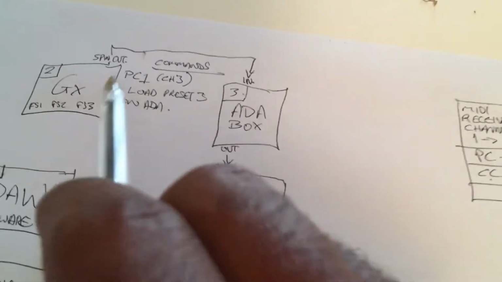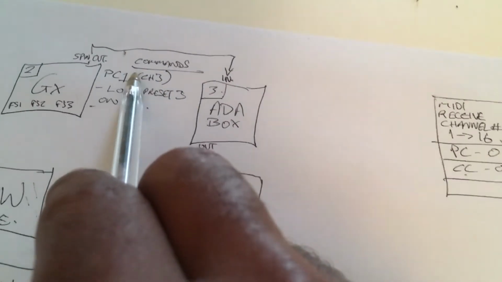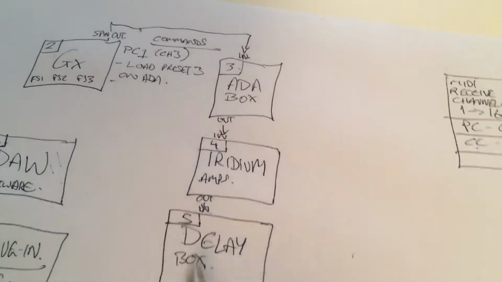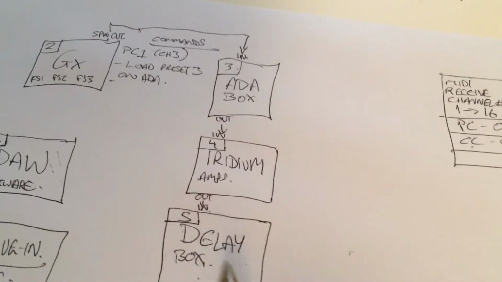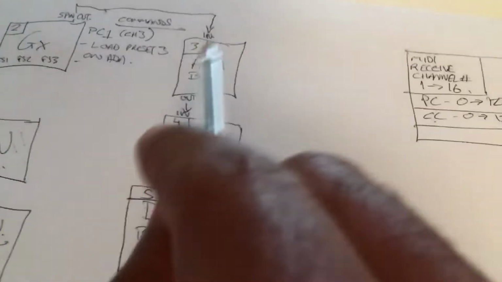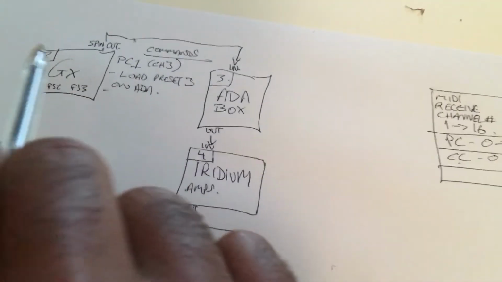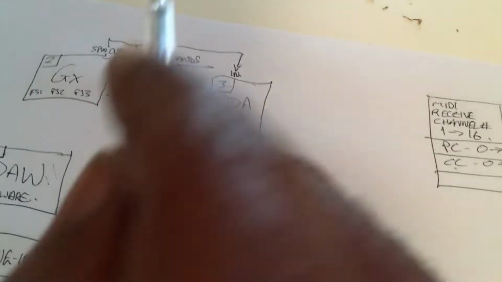The Guns N' Roses preset will come up, and those foot switches on there, when you hit them, will send out PC commands to those boxes. Set up your amps, set up your delays, set up your 88 boxes on your separate gear. It's a really fundamentally important thing to understand that the commands are separate.